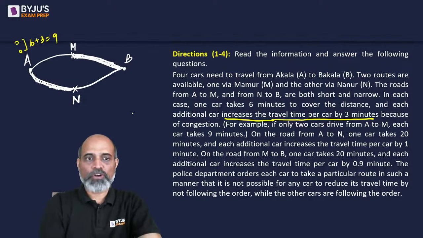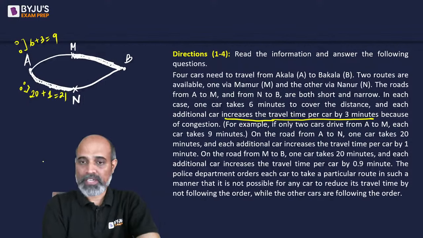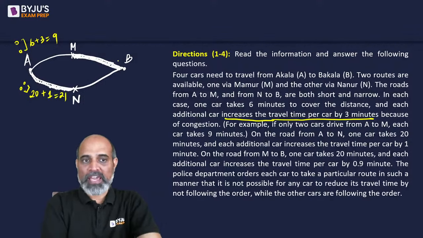On the road from A to N, one car takes 20 minutes, and each additional car increases the travel time per car by 2 minutes. So if there are 2 cars going from A to N, it's going to be 20 minutes normally, but because of one extra car, it will now take 21 minutes. On the road from M to B, one car takes 20 minutes.